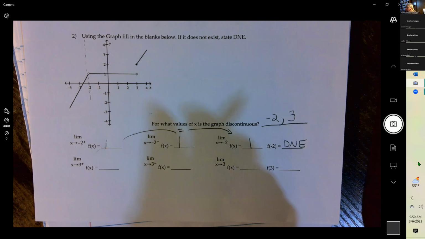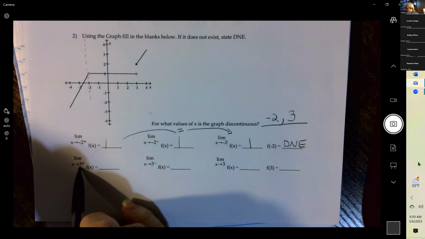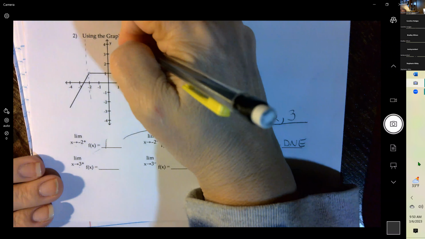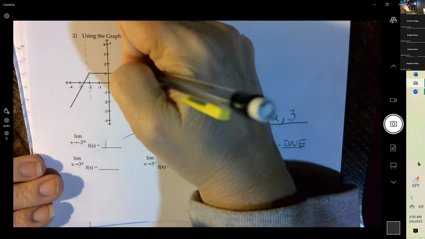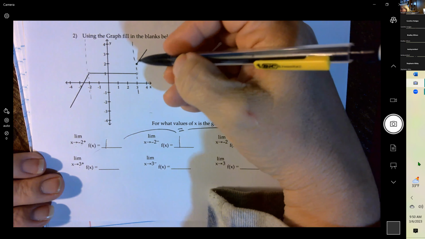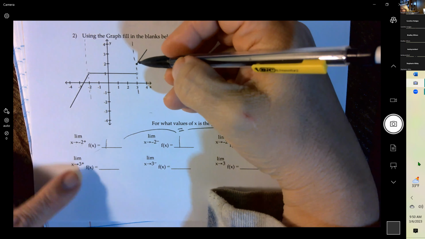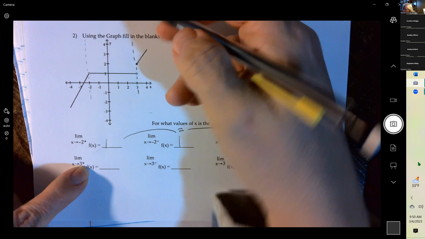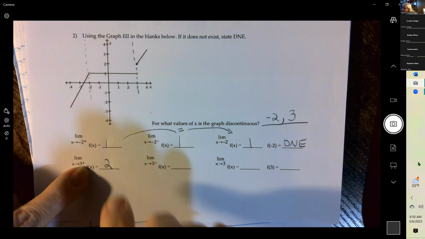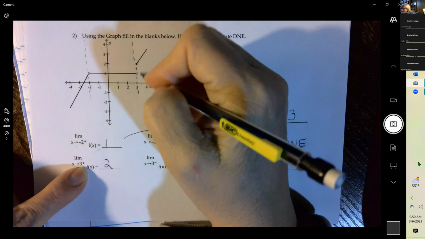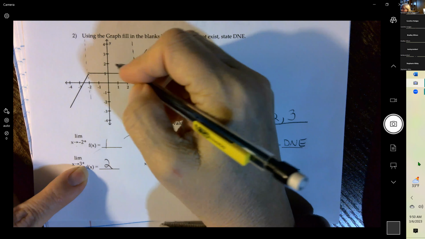Well, we'll do it real quick. The next one's at 3. If you look at 3, we go a little to the right, it's this line, because this is the plus sign. And the answer is 2. So these are all Y values. To the right, we're up here at 2.